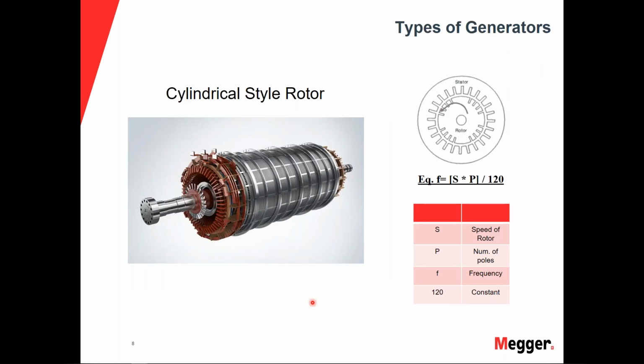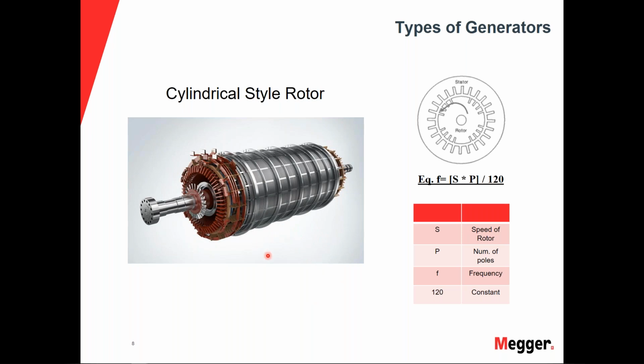The style of cylindrical rotor that you see here is the most common for steam turbine generators and gas turbine generators. It doesn't have a large number of poles, usually ranging between 2 and 6, depending on the application. They're very small in diameter and are used for higher speeds, in the range of higher than 1,000 RPMs.